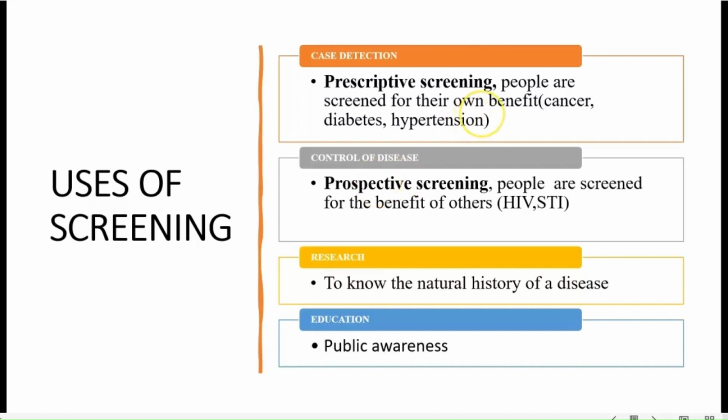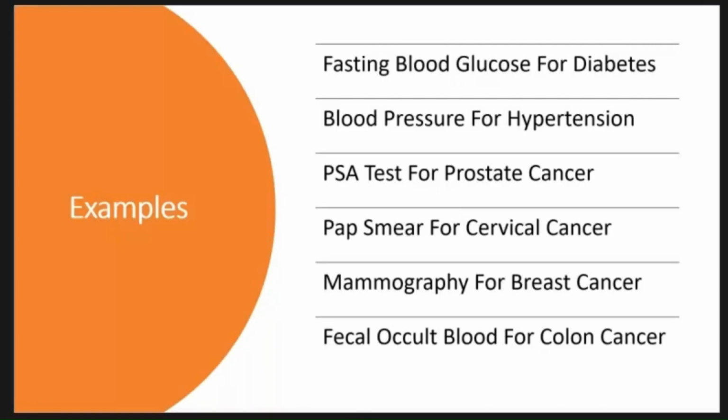Screening can also be used for research purposes when we don't have much literature about the natural history of diseases. So to frame how the disease is evolving, we can also use screening for that. And when we are doing screening, we are also educating people how to take care of themselves. A few examples of screening tests: we do FBS for diabetes, blood pressure for hypertension, pap smear for cervical cancer. For colon cancer, we do the fecal occult blood test.